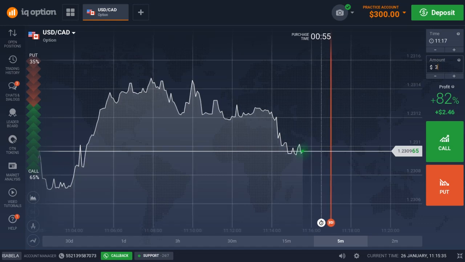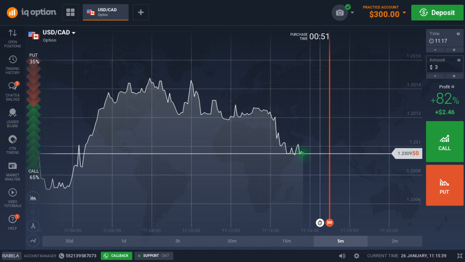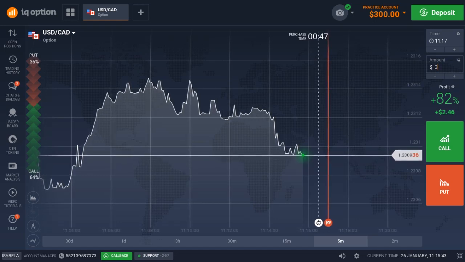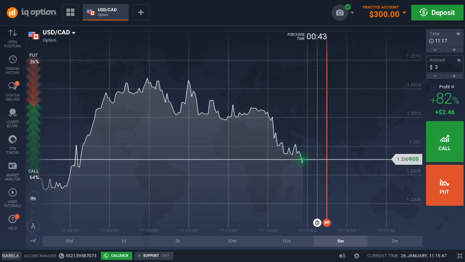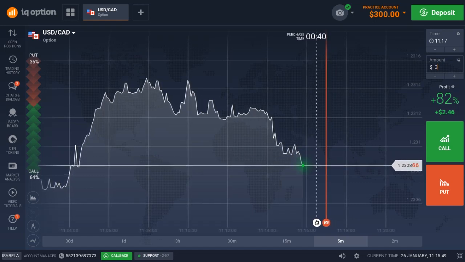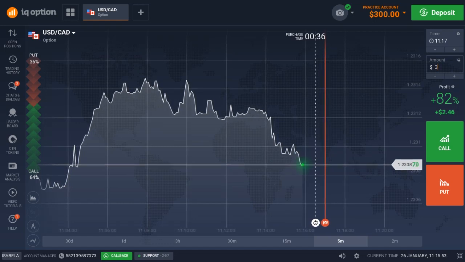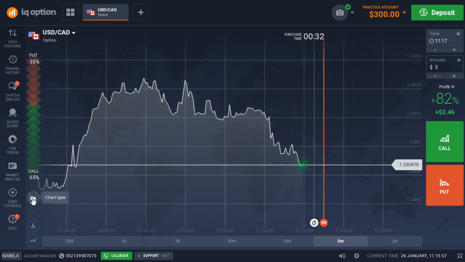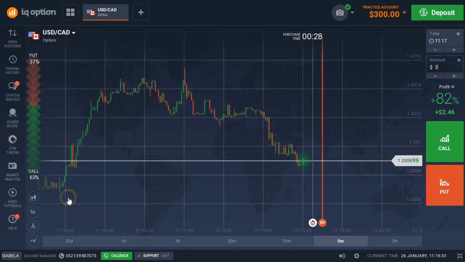When you open your IQ Option platform for the first time, it'll look something like this. What I'm going to show you is how to set things up and make the platform ready to use in the strategy that I'm going to teach you in further videos. First things first, we go here on the left to chart type and change it to candles.